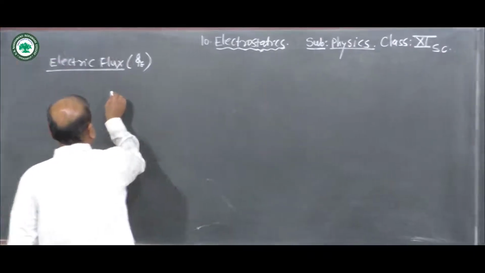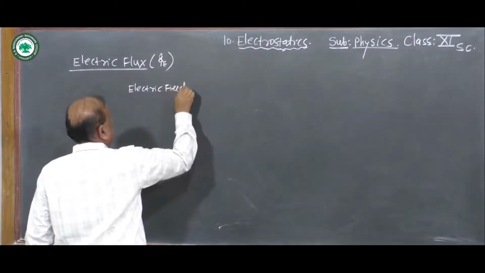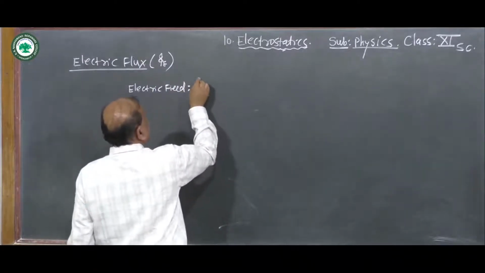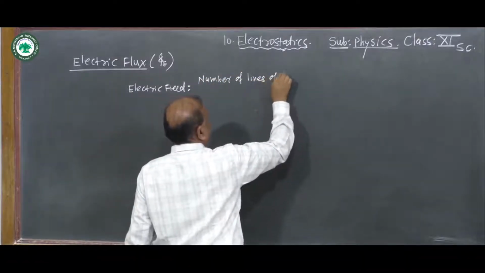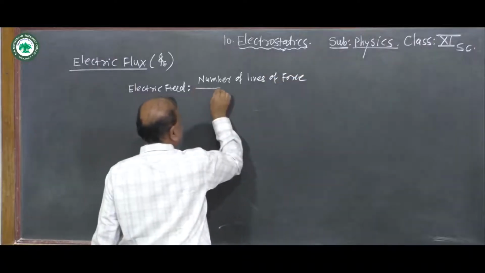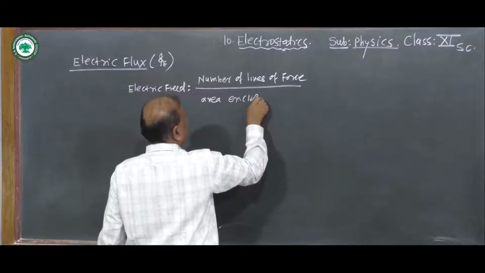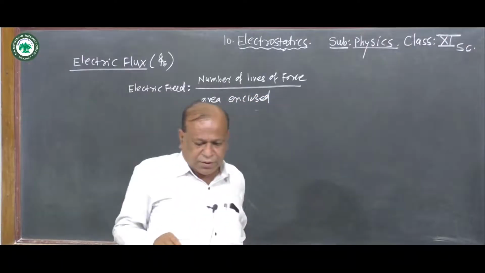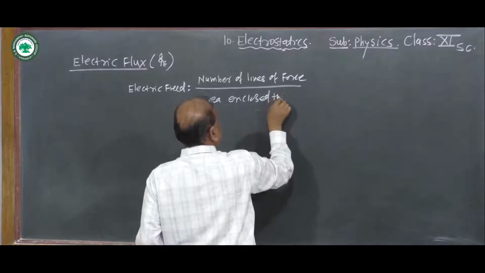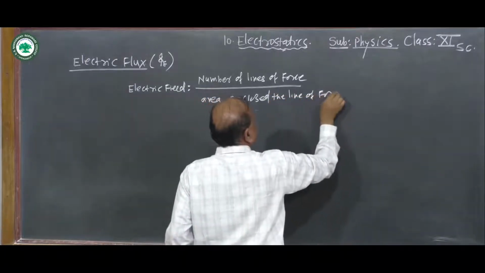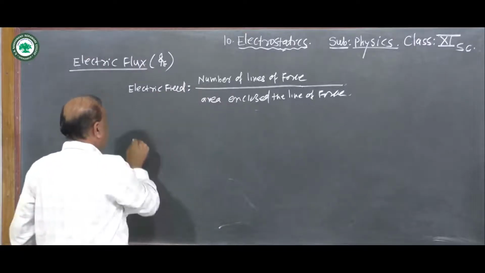Here, electric field is equal to the number of electric lines of force divided by the area enclosed by the lines of force.